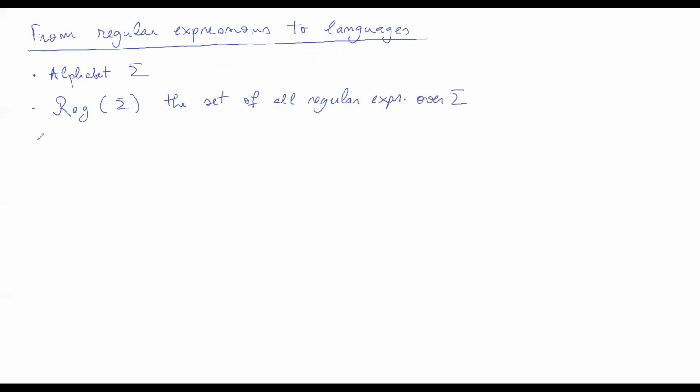And so I'm going to define a mapping. So define a mapping L from the set of regular expressions into the power set of sigma star. So I'm going to associate to every regular expression a language, a subset of sigma star.